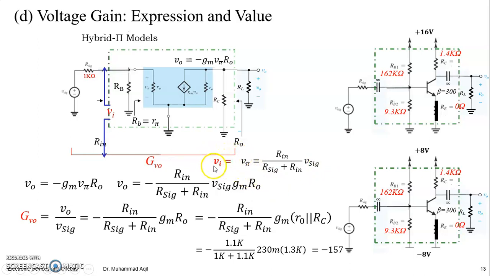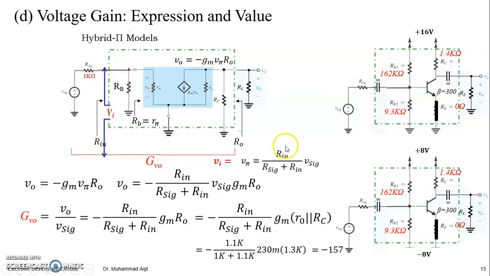At that time Vi is actually equal to V pi, that's why we did not give it a separate name. And this V pi is nothing but VBE.